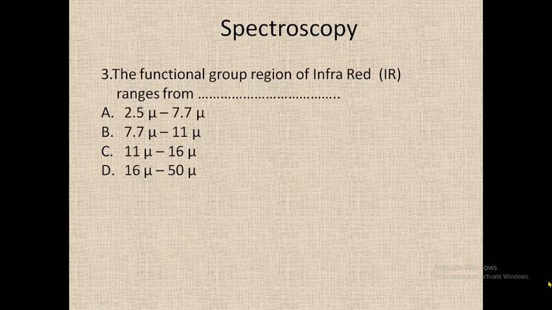Next question. The functional group region of infrared ranges from dash dash to dash dash micron. Option A, 2.5 micron to 7.7 micron; B, 7.7 micron to 11 micron; C, 11 micron to 16 micron; D, 16 micron to 50 micron. Any guesses?